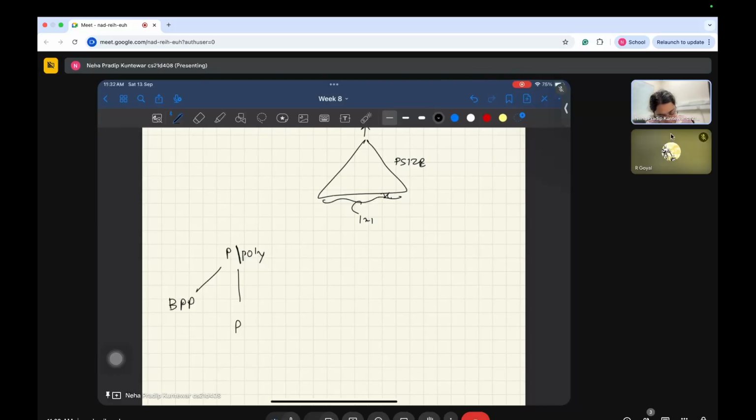We know that P is contained in BPP by definition. Okay, so you are asking where does NP stand here? You might recall that this status is open. It's still unknown. We don't know any side of containment.